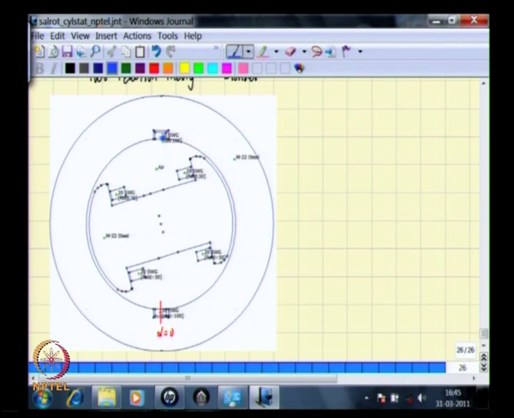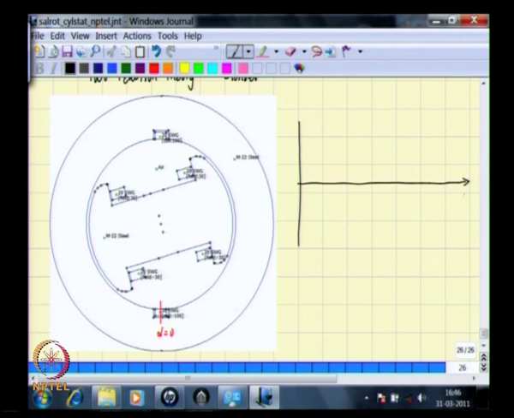And if we have the stator coil being excited and we are going to plot the MMF distribution, we are looking at the fundamental component of the MMF distribution. So that variation can be plotted in this manner.